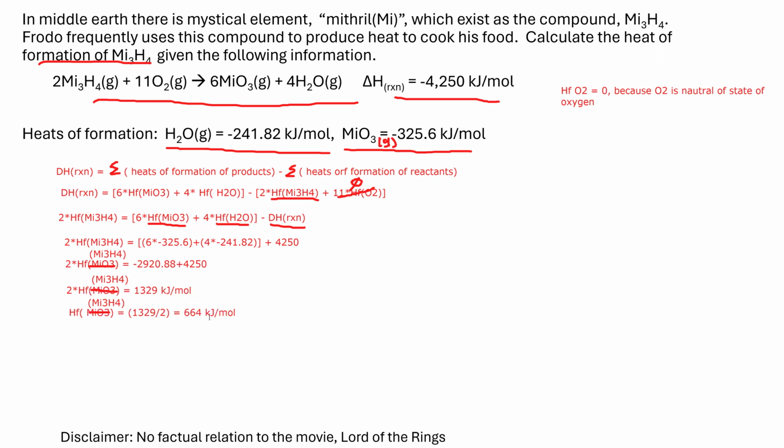Now if you wanted to check your work, you can put this heat of formation in and solve for the delta H of reaction to see if we do indeed get negative 4,250.